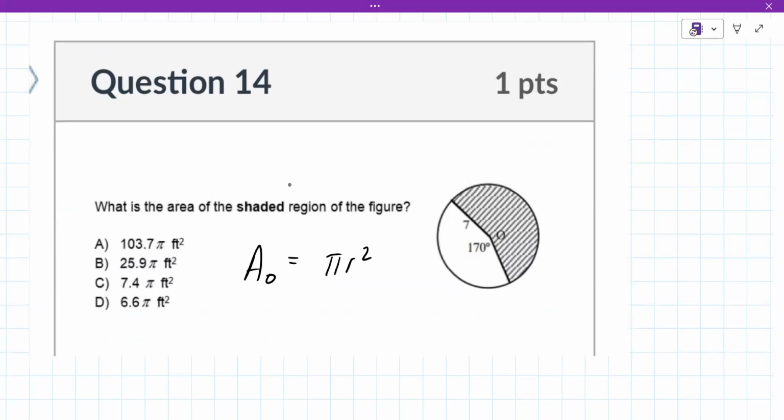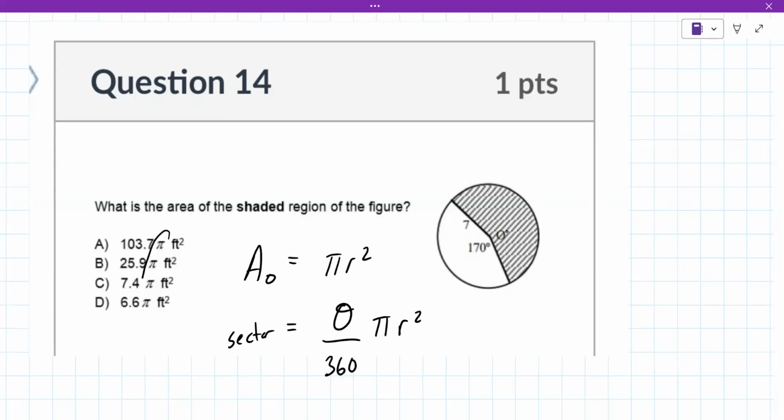A sector is pi r squared, but there's an angle out of 360. Remember, you want the shaded region, so the angle is not 170. It's the other angle, which isn't given. What would that be? So I'm going to do 360 minus 170, and that's going to give me 190.